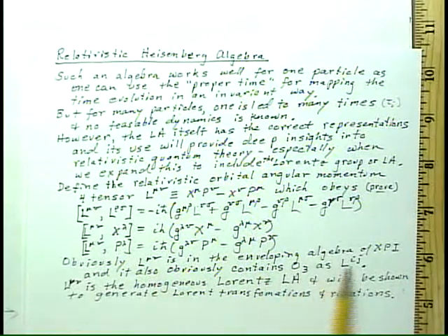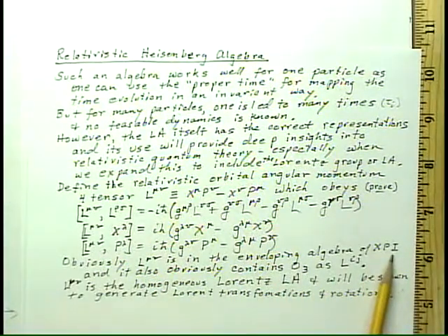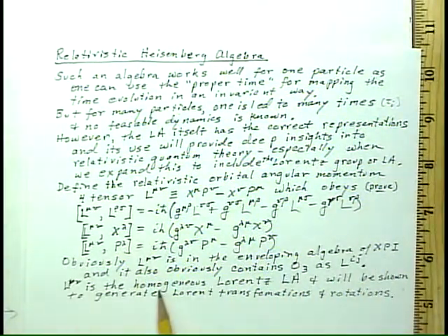Obviously, L mu nu is in the enveloping algebra of x, p and I, and it also obviously contains O3 as the L ij. So the L mu nu is the homogeneous Lorentz-Lie algebra, and it'll be shown to generate the Lorentz transformations as well as all of the rotations.